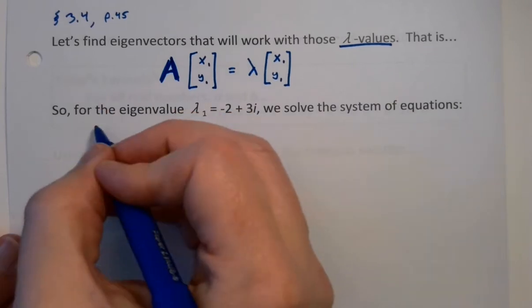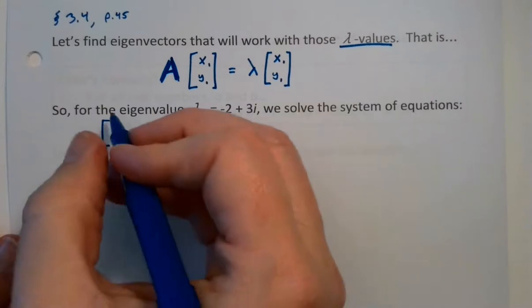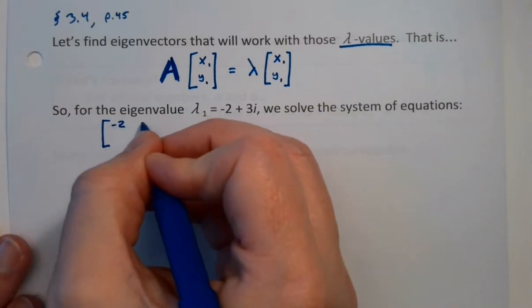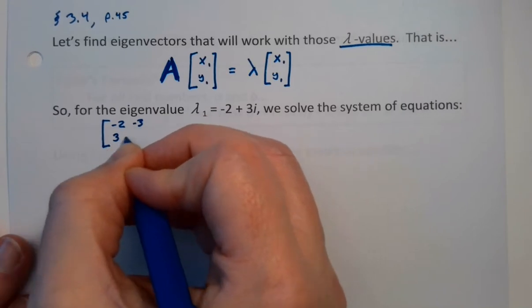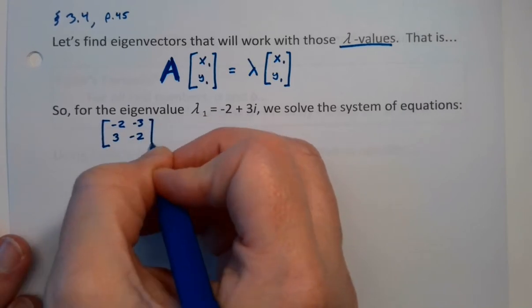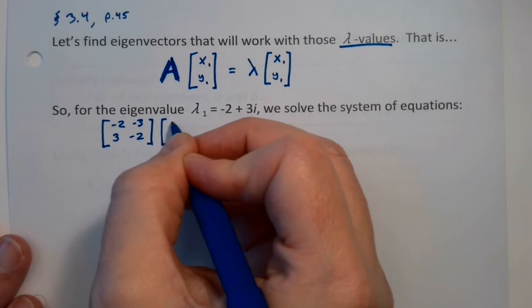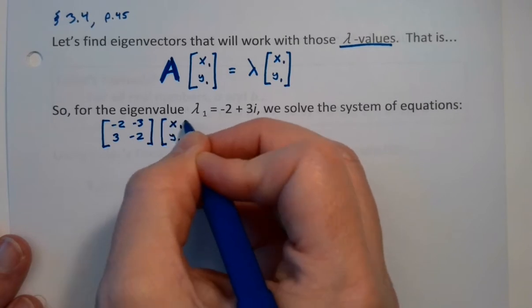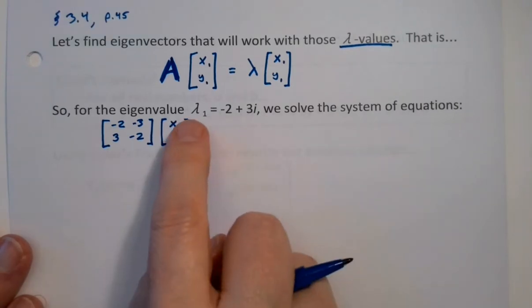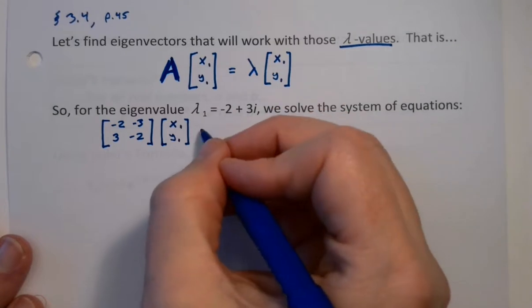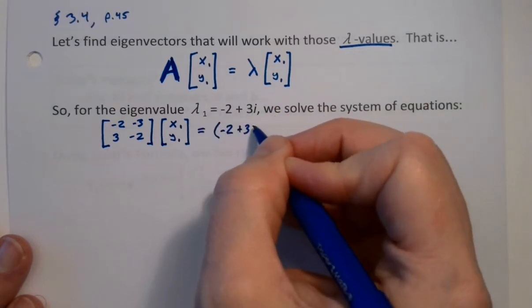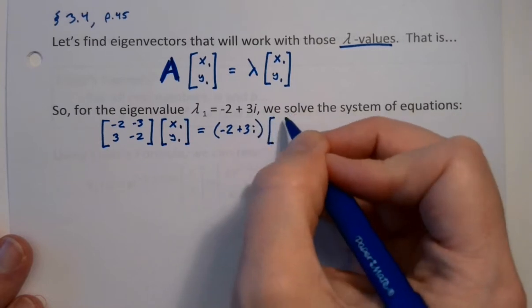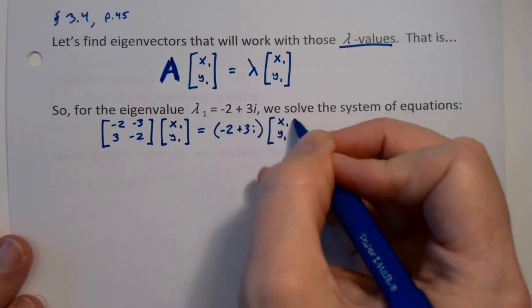And so just a reminder, our coefficient matrix was -2, 3, -3, and then -2. And what we're saying is that times some eigenvector, values of which we don't know for x and y, must be equal to -2 plus 3i times x1, y1.